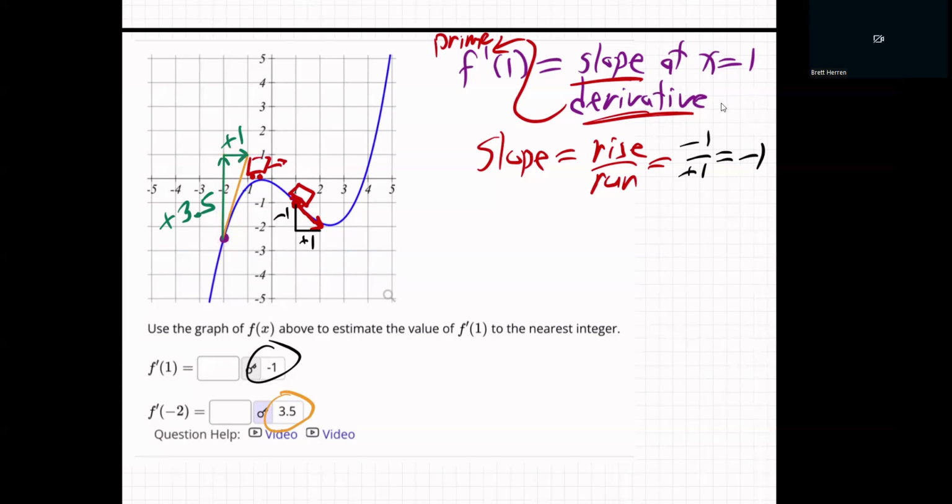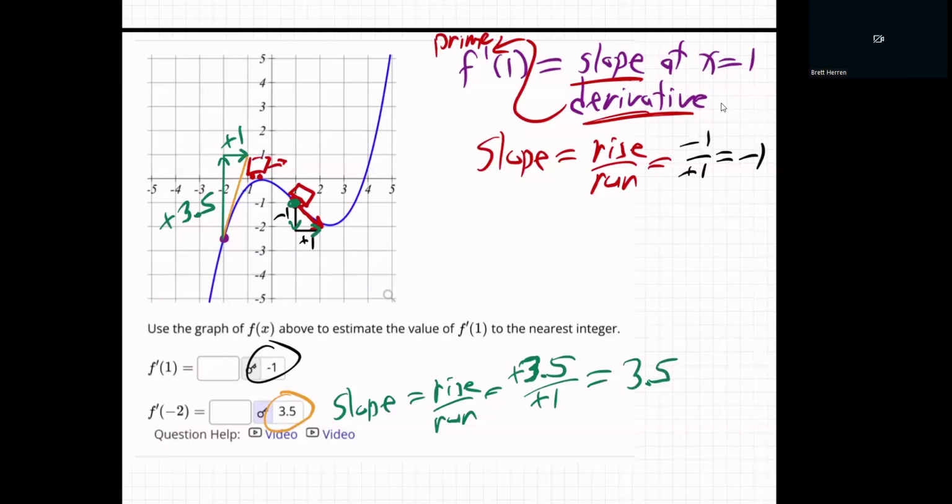Just like in the other one, started from here, went down 1, right 1. So up is positive, down is negative. Left is negative, right is positive. So this slope, rise over run, is up 3.5 over 1. And so that'd be 3.5, like that.